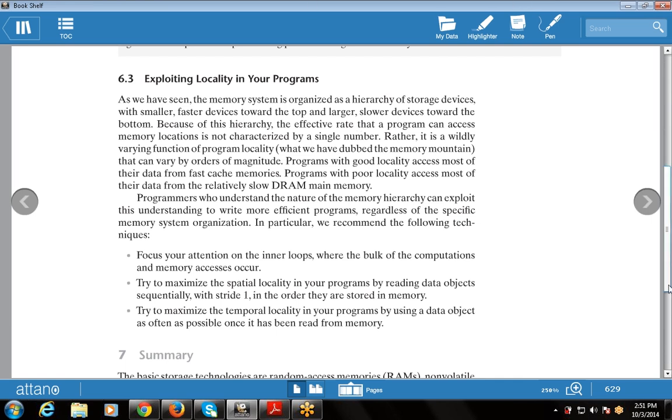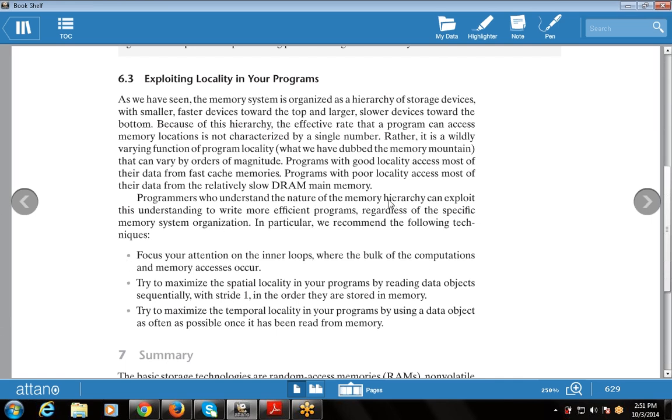Programs with good locality access most of their data from the fast cache memory. Programs with poor locality access most of their data from the relatively slow main memory.